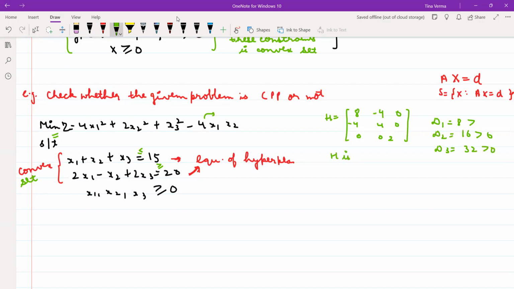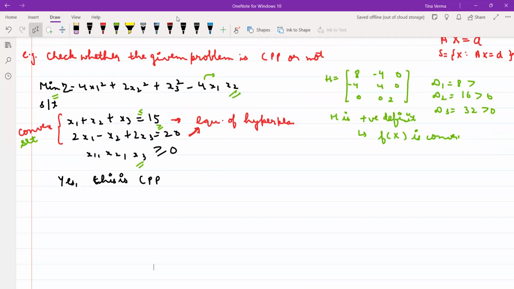That means my Hessian matrix H is positive definite. If it is positive definite, then my f of x is convex. So yes, since this function is convex and all the sets form my convex set, this is a convex programming problem, right?